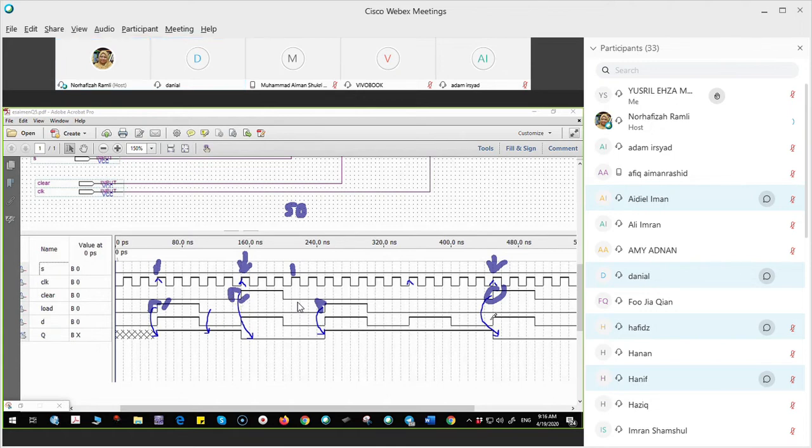If you give it like this, it means your input is changing at the time of triggering, so should it take zero or one? That's why you'd better start doing that.